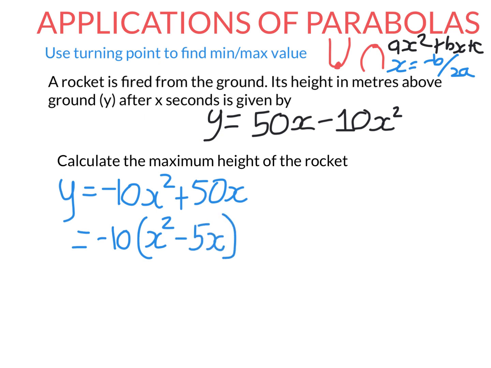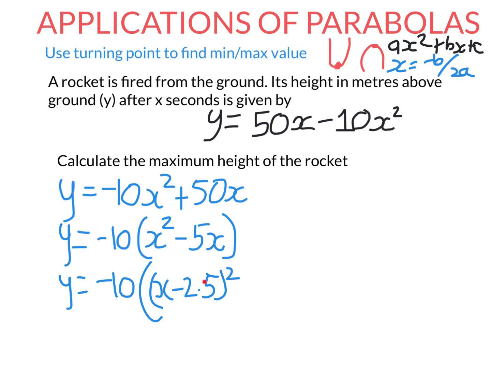So what we would then do is write this as x minus 2.5 squared. Why did I pick 2.5 out of all possible values? Because negative 2.5 is half of negative 5.